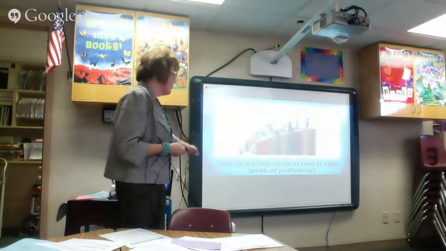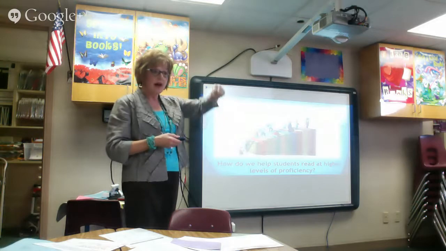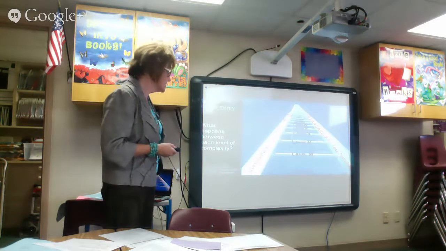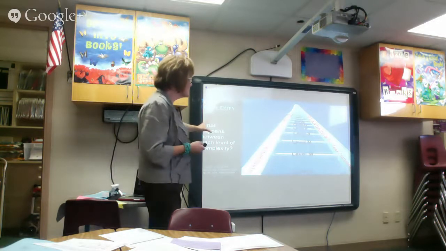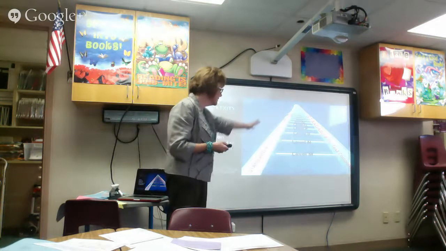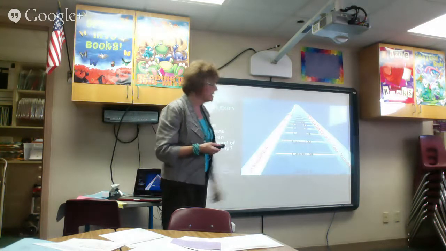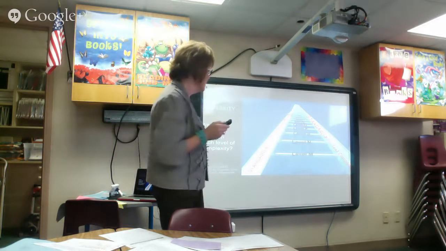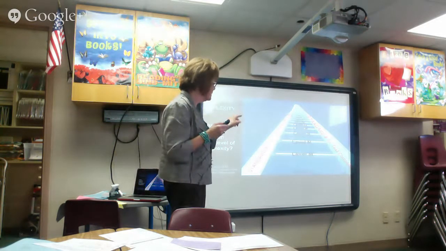So, when we're talking about Common Core, how do we get kids up to higher and higher levels of proficiency? This was a look last year when we were looking at the reading standards and knowing that Standard 1 of close reading and Standard 10 of text complexity are the two most important standards out of our Common Core reading standards.